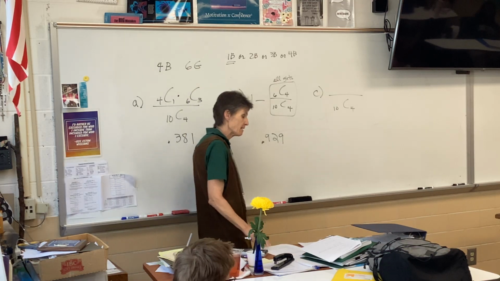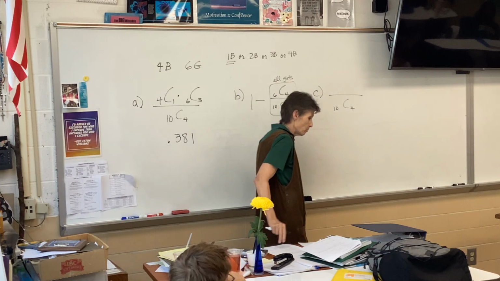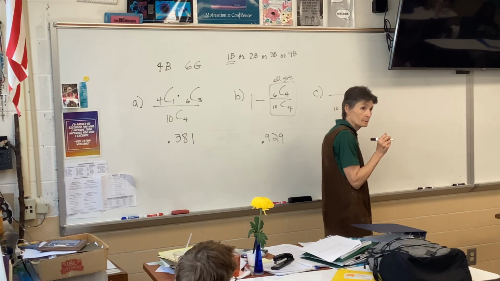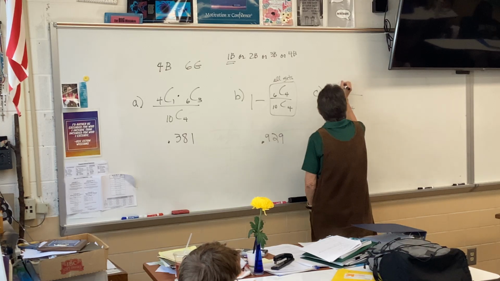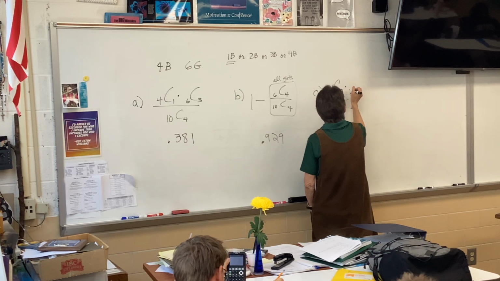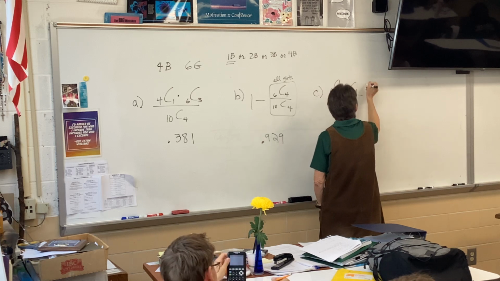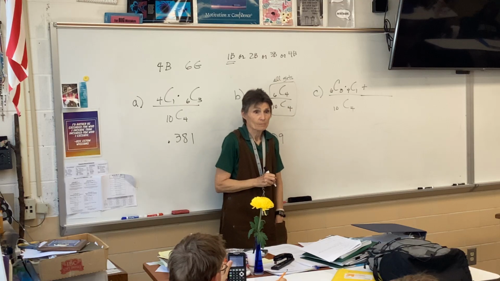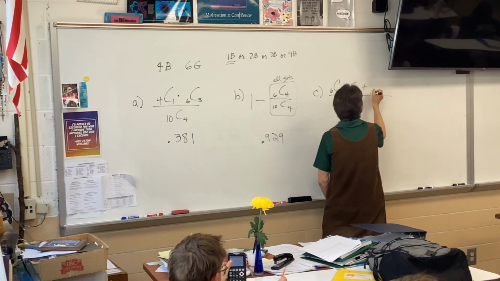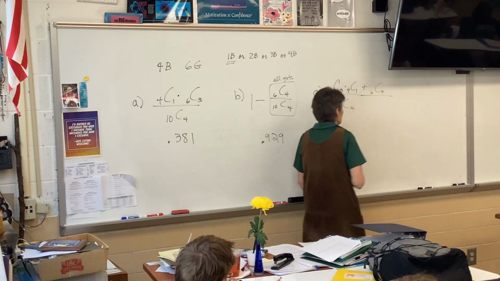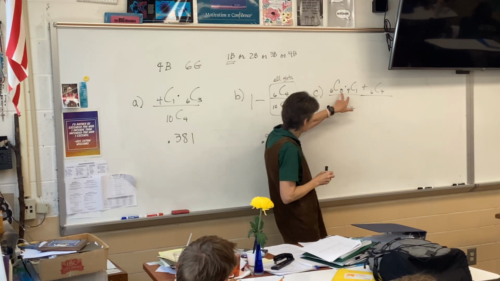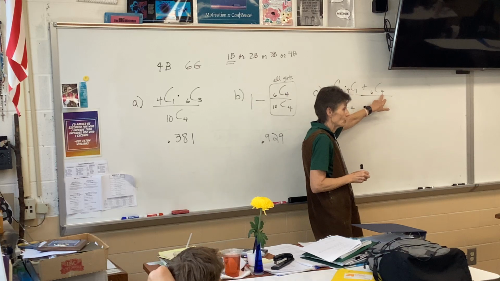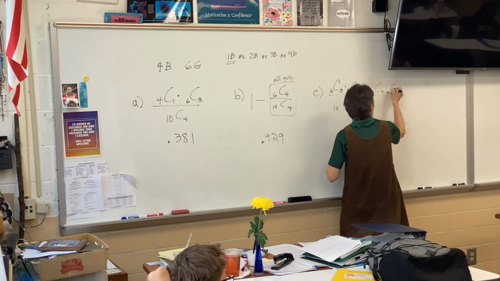Well, what does that mean? If I have to have more girls than boys, that means I need 3 girls, so 6C3, and 1 boy. Or what else? 4 girls. So 6C4. So this is 3 girls and 1 boy. This is 4 girls. And if you want, sometimes people stick this in.